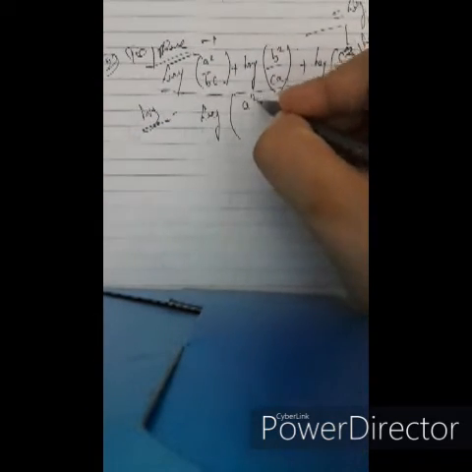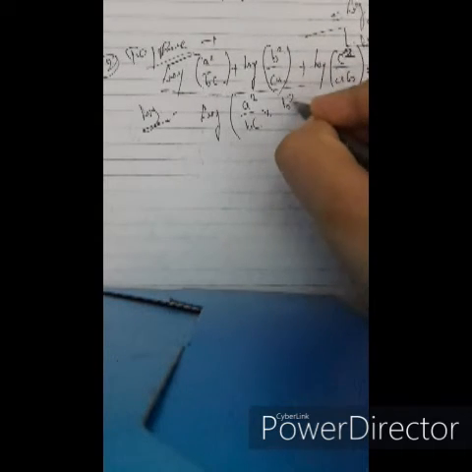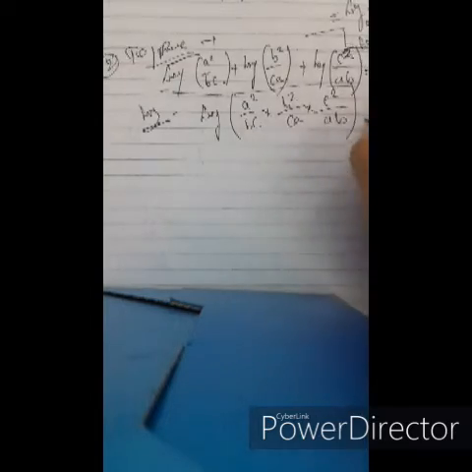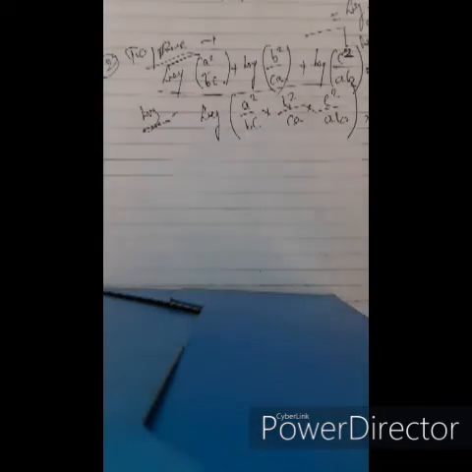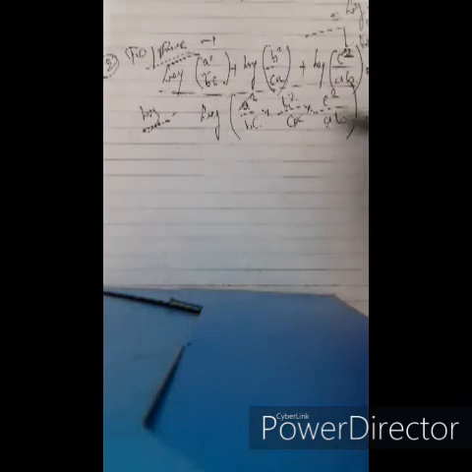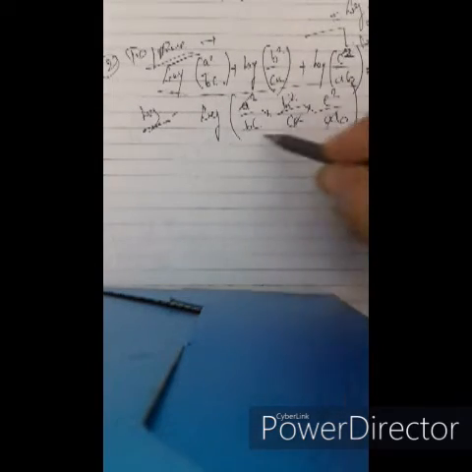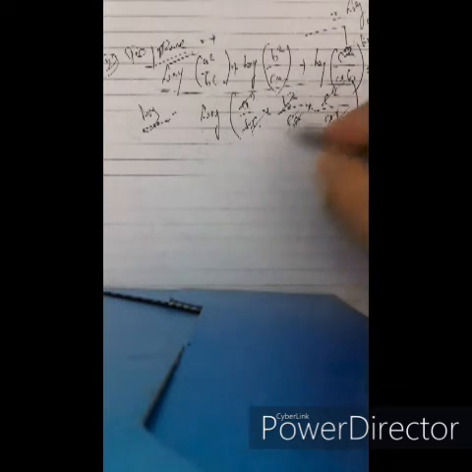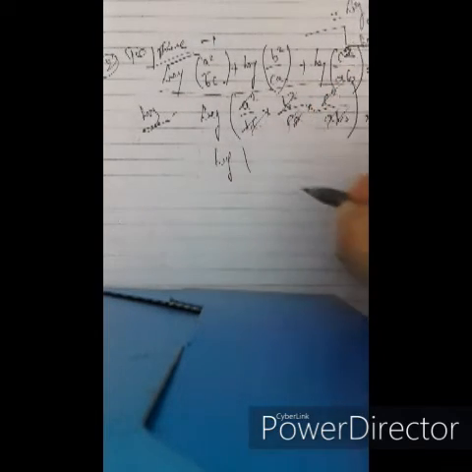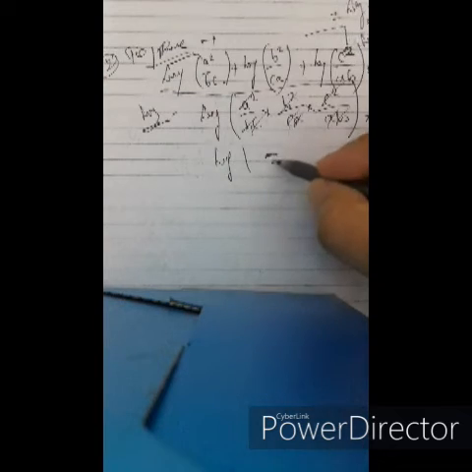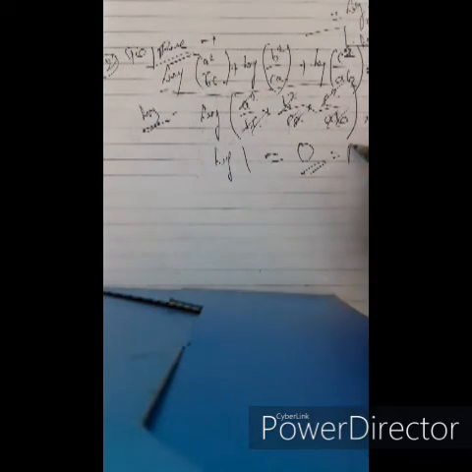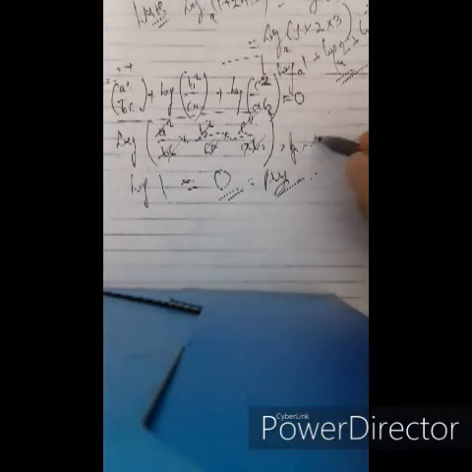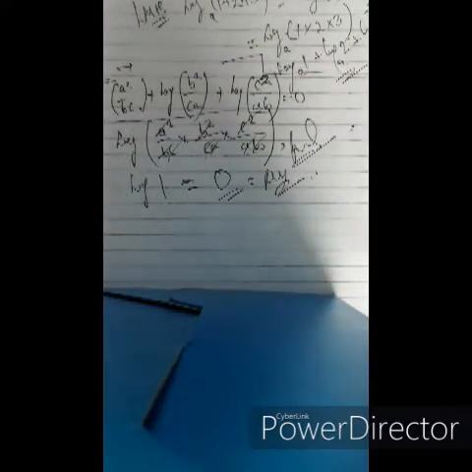Therefore it becomes a square by bc into b square by ca into c square by ab. So we can see a square and a cancel out, b square and b cancel out, and c square and c cancel out. So it becomes log 1, and as we have seen earlier, log of 1 is 0, hence this is equal to RHS. It is proved. It is equal to 0.